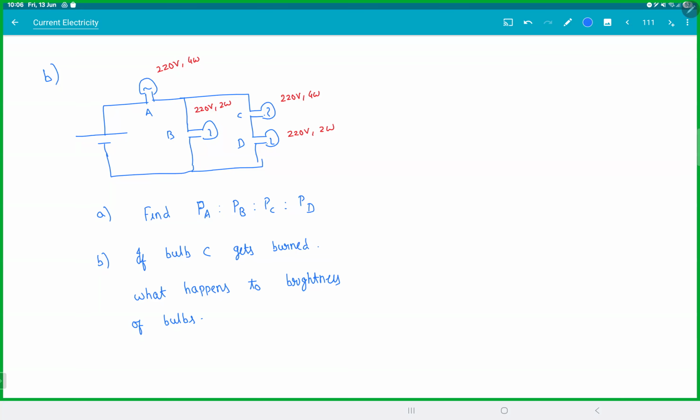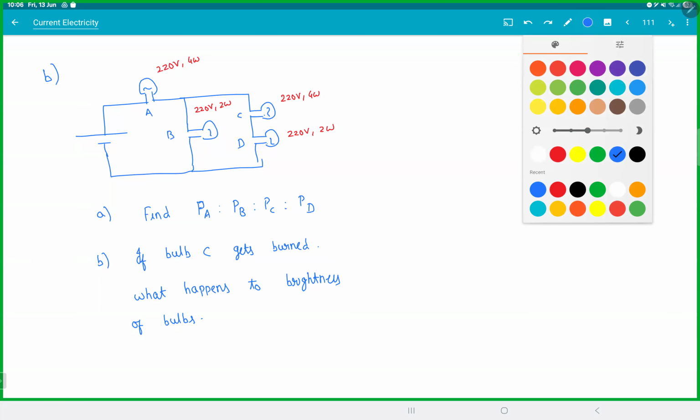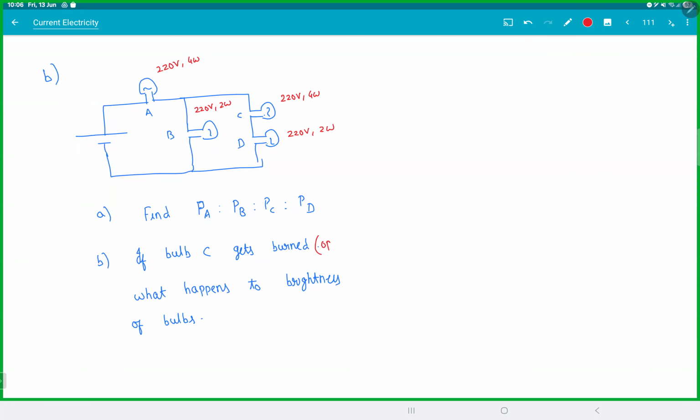So bulb C was lost, meaning it became an open circuit there. Then what happens to the brightness of the bulbs individually? What happens to the brightness of A? Increase, decrease. Brightness of B, increase, decrease. Brightness of D, increase, decrease. First get the first part, then let's see the second part.